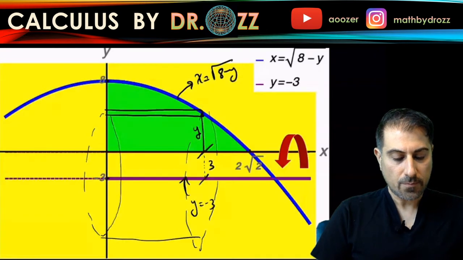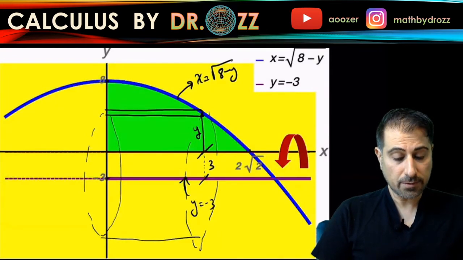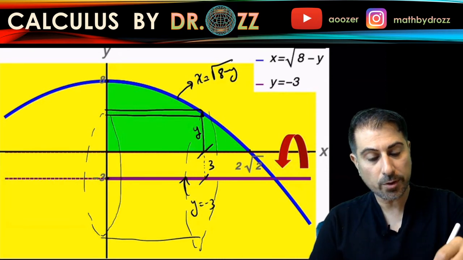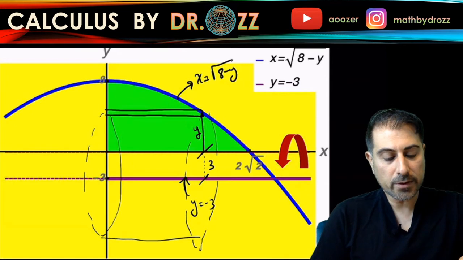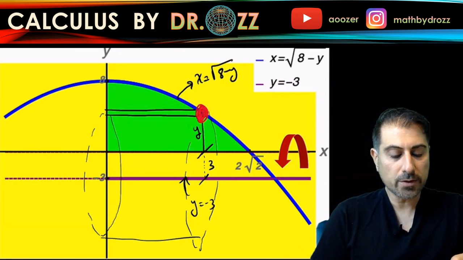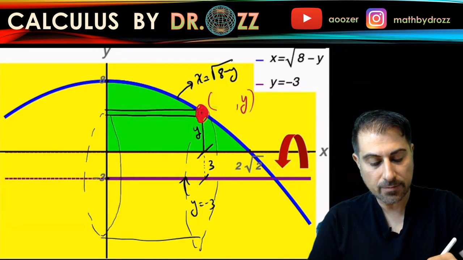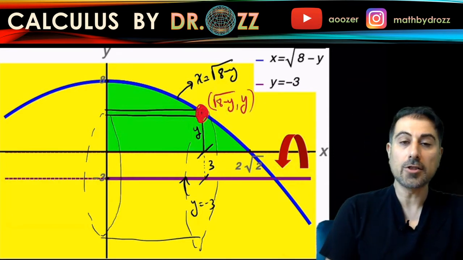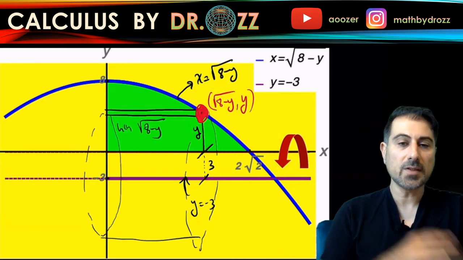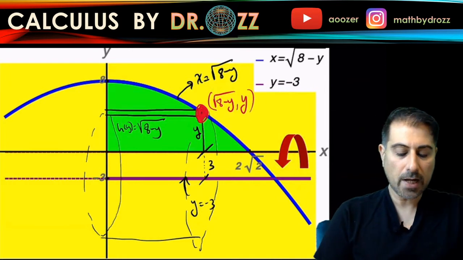And the height of the shell is determined by the x coordinate of this point here. Assuming the y coordinate is y, the x coordinate is radical 8 minus y. That's exactly the height of the shell. So this setup is correct, and the axis of revolution is y equals -3.